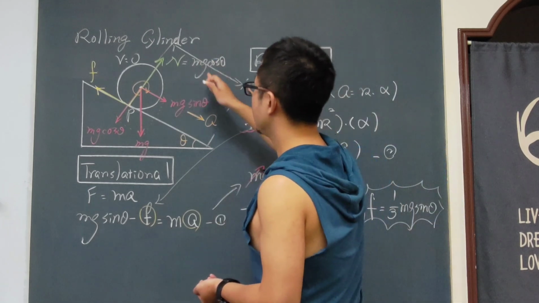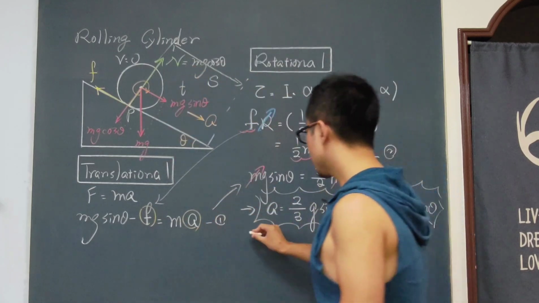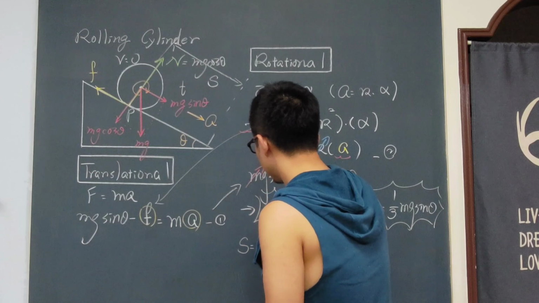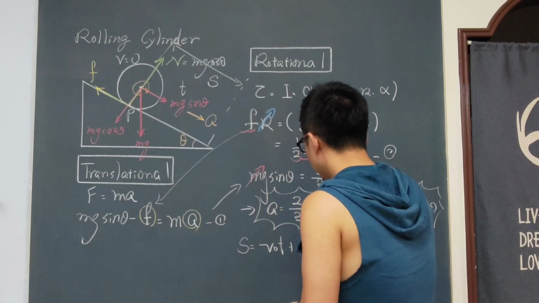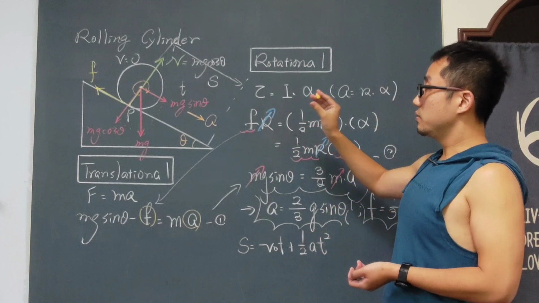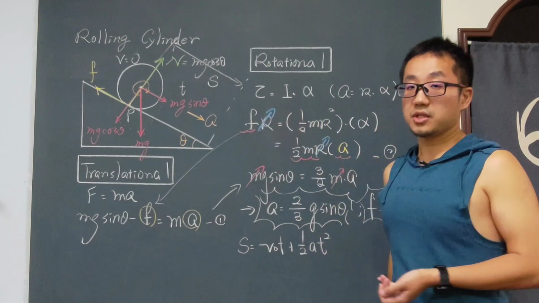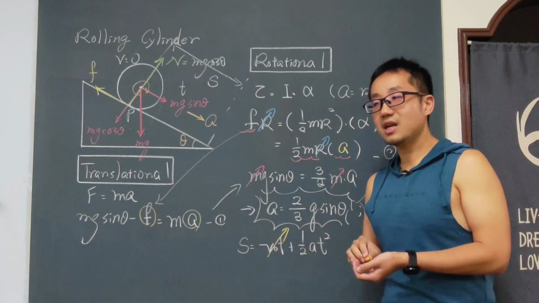If I want to calculate the time t, because it's uniformly accelerated motion, the displacement is equal to v naught t plus 1/2 at squared. Since I assume that this cylinder at the beginning has no velocity, starting from v equals 0, there's no v naught t. The first term could be cancelled.